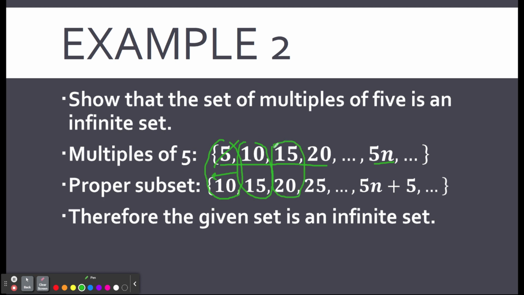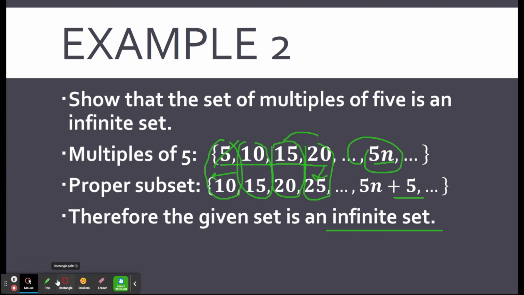There is. Since we have 5n as our general term, we can get to the next number by adding 5 to it. So this is an infinite set. Again, we're defining infinite sets. Not all sets are infinite sets, but we are defining what exactly an infinite set is.